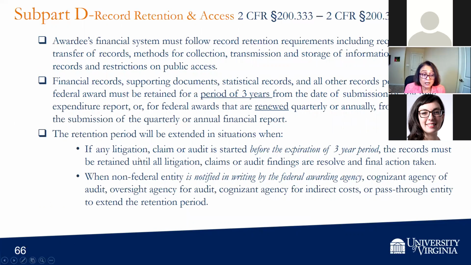And if there is any litigation, claim, or audit, then that record retention policy does not apply. We have to start a new record retention period from the time the litigation, claim, or audit is resolved.